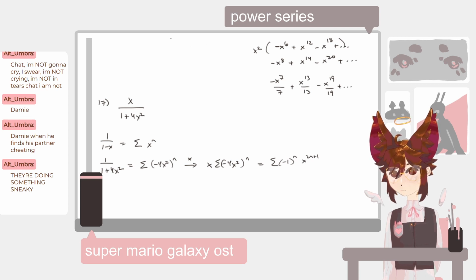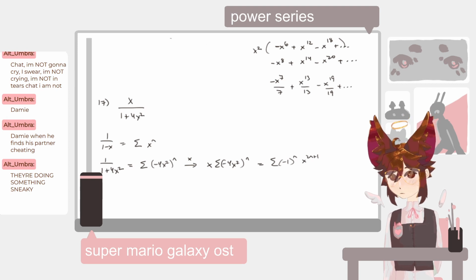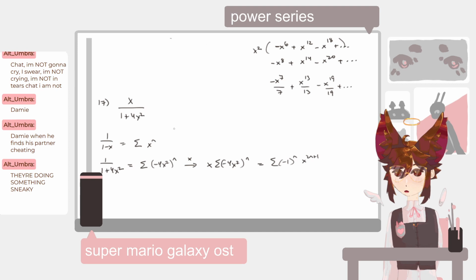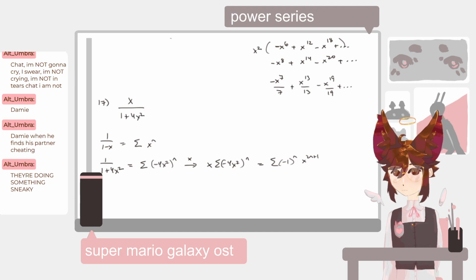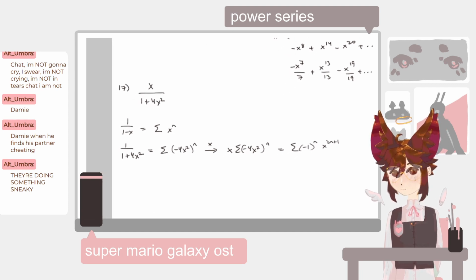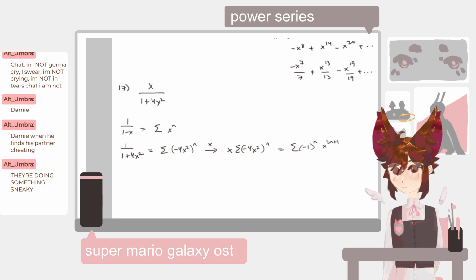Maybe a little... oh, why is it over 2n plus 1? Did I miss a tangent somewhere? Oh, wait a second. It could be arctan. This could be arctan times x. But why would this not be the same thing? Oh, okay.